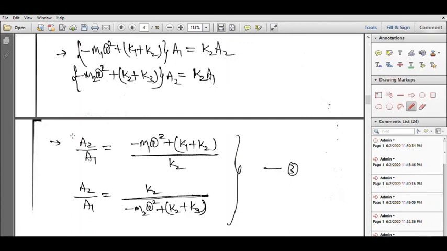And we are getting two different expressions for a2 by a1. One value of a2 by a1 is minus m1 omega square plus k1 plus k2 by k2, and the other value of a2 by a1 is k2 by minus m2 omega square plus k2 plus k3. Now I'll name these two equations as equation number 3, right?